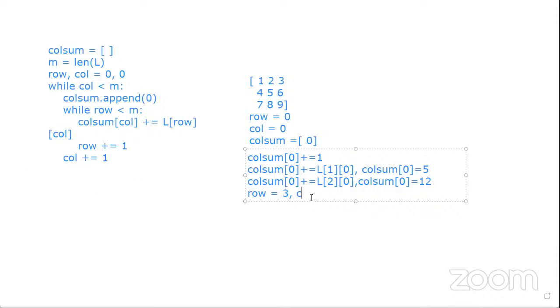Now we'll come again into this while loop, and we append 0. You understood, right? Since row equals 3 directly, it won't enter the inside while loop. Is it clear?